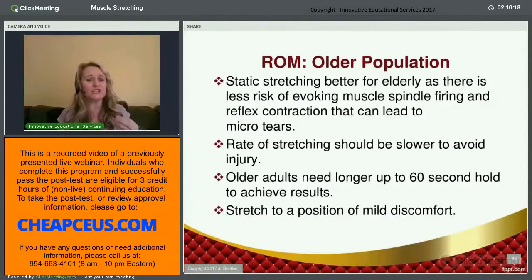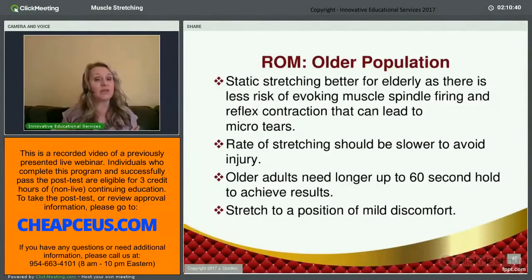Low intensity stretching is important. Low intensity, meaning that you are taking them just to the point of discomfort, not the point of pain. As you are applying the stretch, your rate is important. And I think this is important to consider as we look at the distal extremities, so the wrists, the calves when we're stretching.